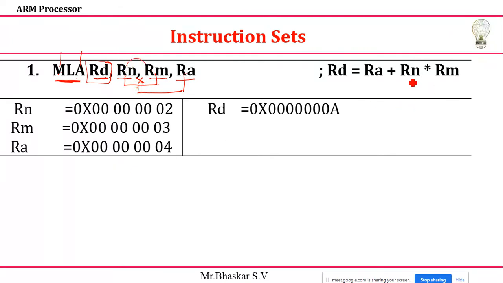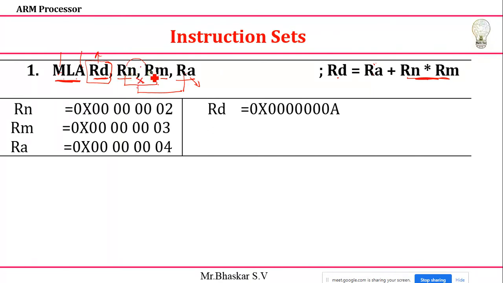You can see Rn and Rm will multiply, and the result will be added with Ra. That total result will be stored in my Rd register. Remember, once the instruction starts, the first register acts as the destination register, the last register is the accumulating register, and the middle two registers are used for the multiplication process.